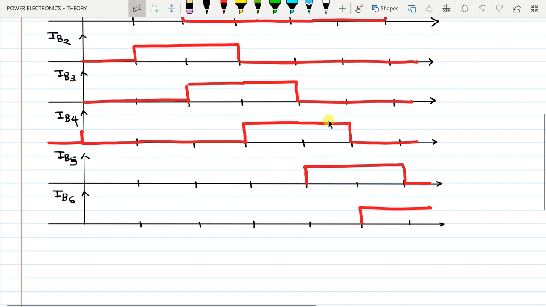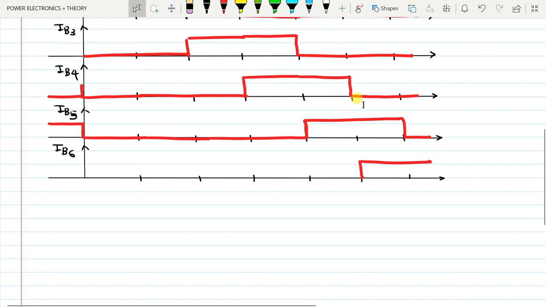So 240 minus 240 will be 0. And here 300 minus 240 is 60.